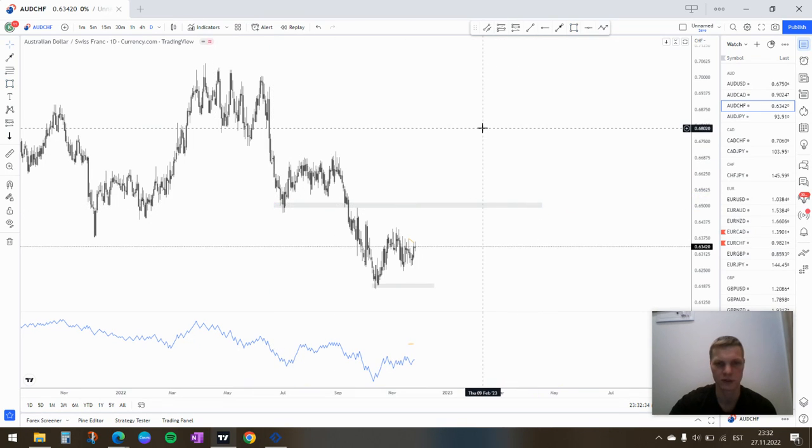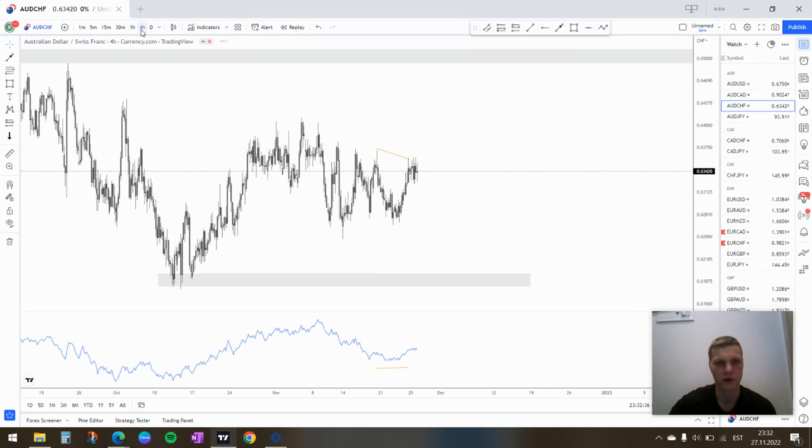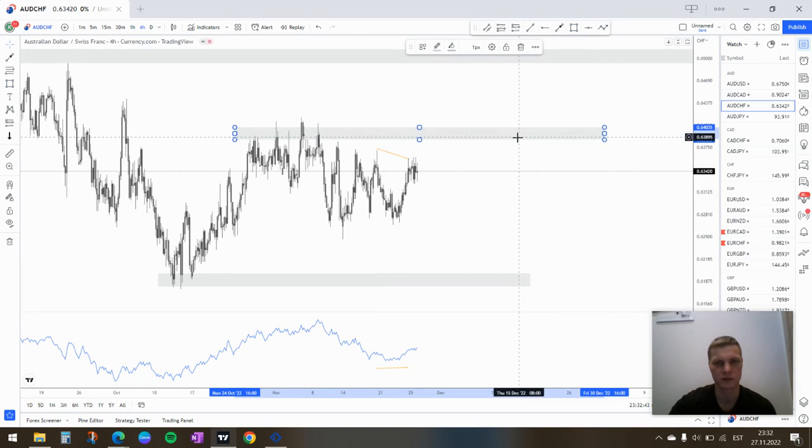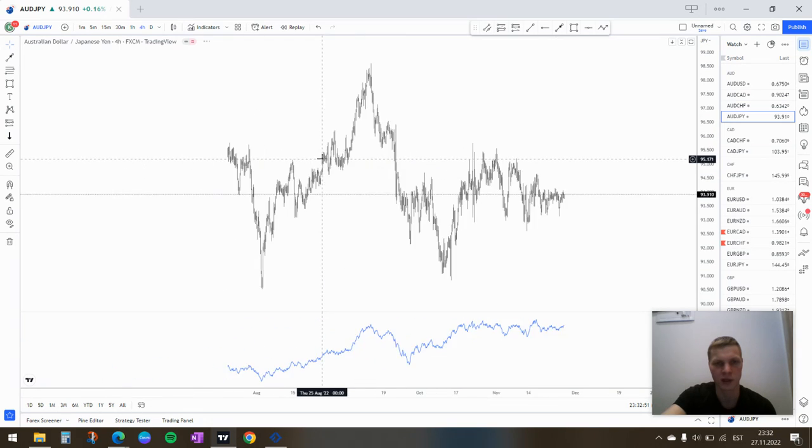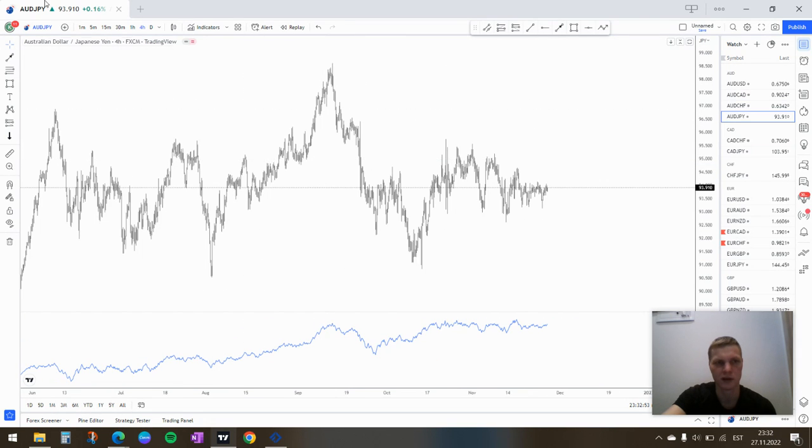These are the two zones I'm looking for. Probably. If price breaks, or comes to retest these highs and there's a clear divergence, then I might look for something. Right now, things are very unclear.